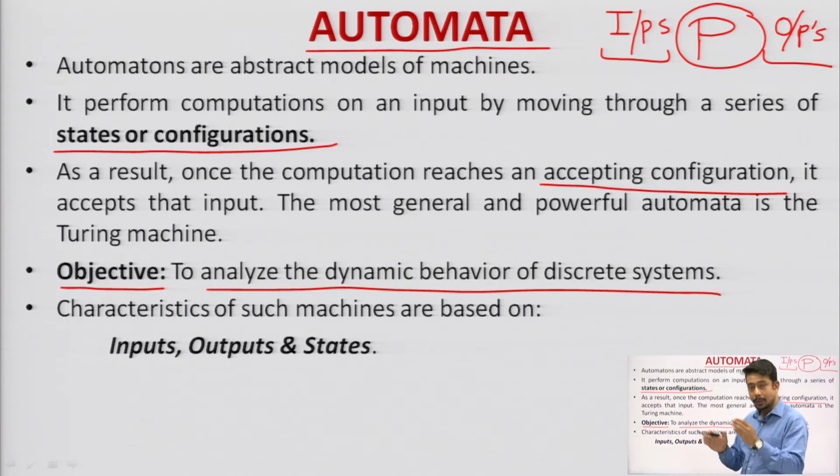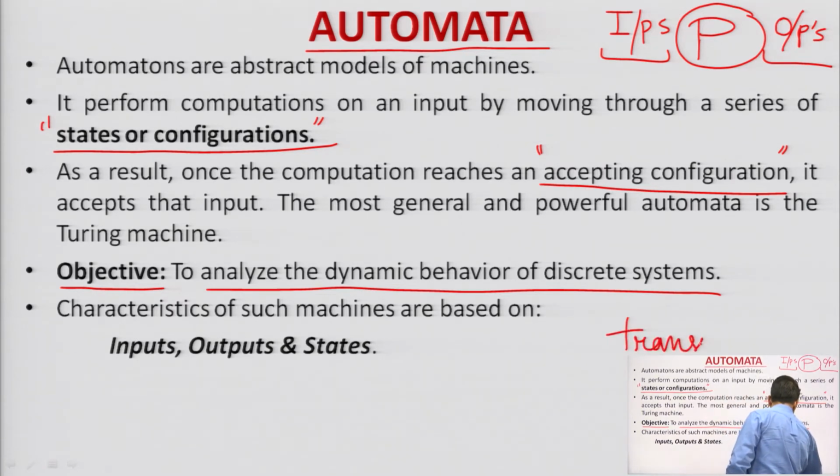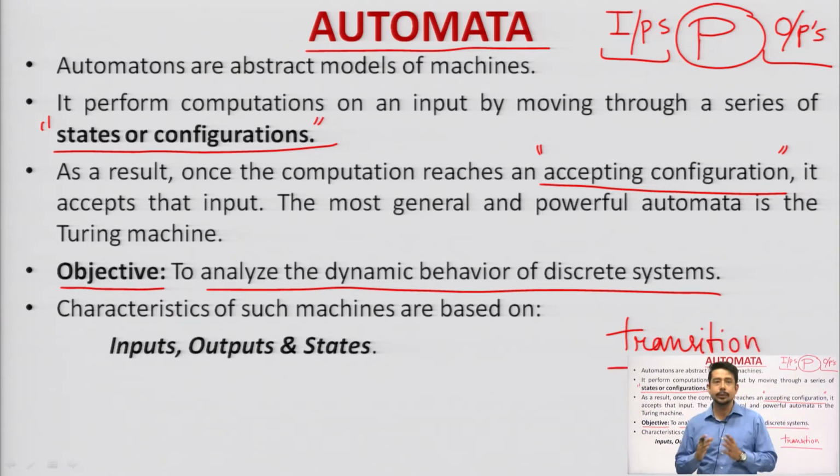But in order to design that machine, we need to understand a few terminologies like states and configurations, then accepting configuration. Then one more terminology we will come across is transition. So these are the three basic things: transition, states or configuration, and accepting configuration.